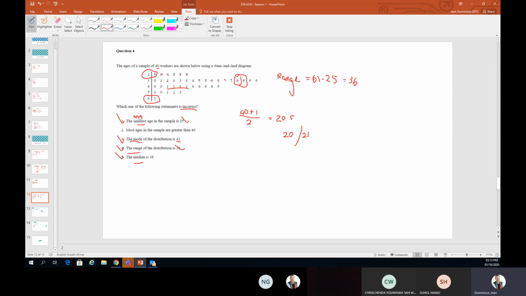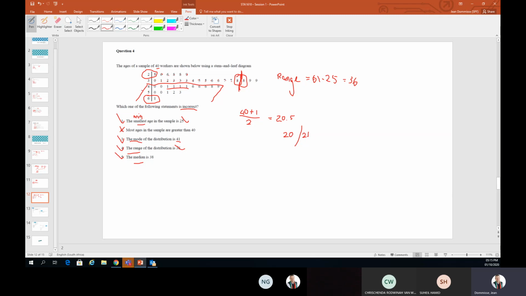Okay, so let's look at option 2. We know that one is wrong, but let's look at what they are asking. Most ages in the sample are greater than 40. So let's look at that. We know the median is sitting there. At your median, that's the midpoint.